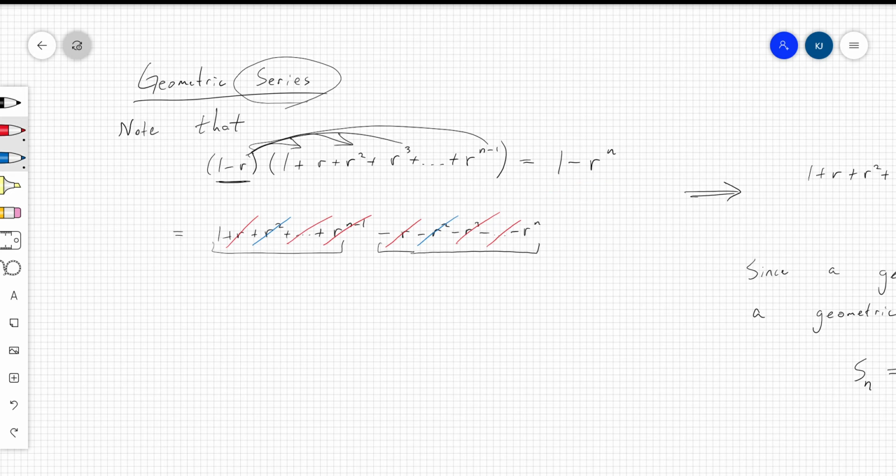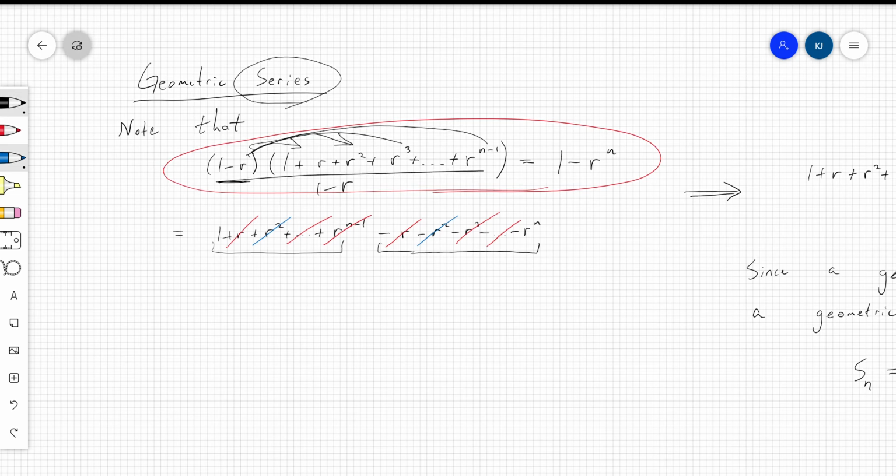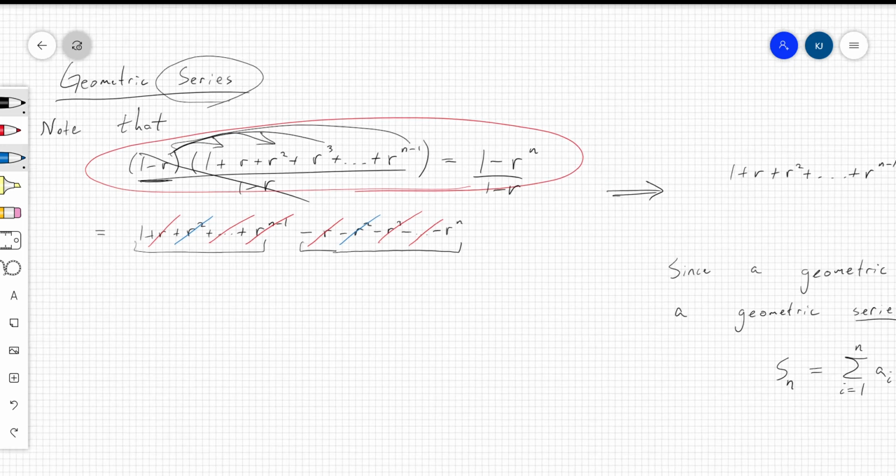And that's really nice because if you divide both sides of this original equation by 1 minus r, then clearly on the left side those 1 minus r's are going to cancel, and I'll just get this sum that we wanted to work with.